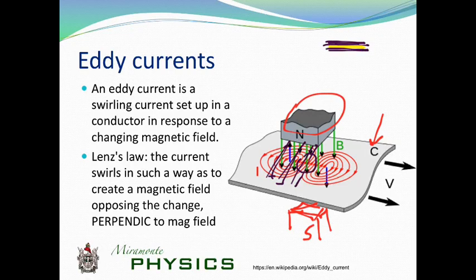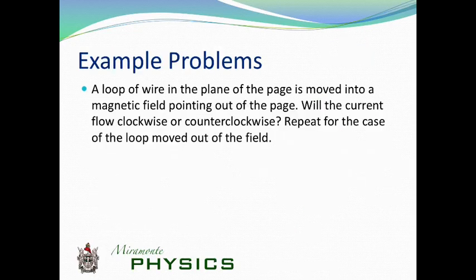By laminating them like this, you prevent any little currents from circulating around. So then you won't get a little eddy current that goes around in a circle, and that will create obstructing magnetic fields. Okay.